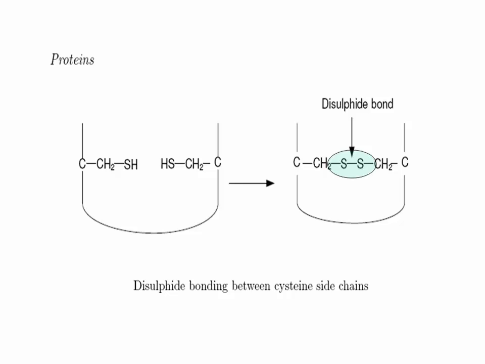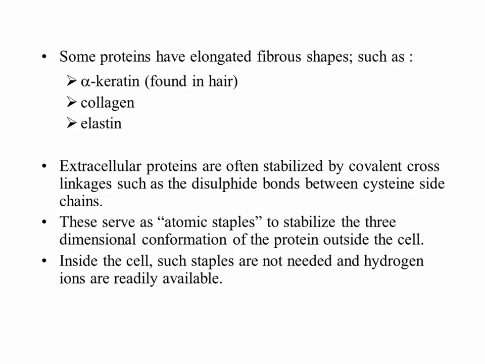But when the particular protein is being exported from the cell, hydrogen becomes a limiting factor, and you could have a disulfide bond formed between the two sulfurs. So this is like an atomic staple. It's not going to determine the three-dimensional conformation, but it's like you've made the conformation and then you stapled it. So when it's exported from the cell, you would have the disulfide bond that you see on the right. That's what this is talking about.